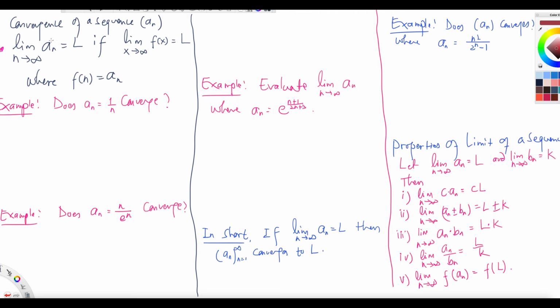Okay. So let us see a very short and very basic method to find the limit of a sequence. You know how to find the limit of a function, right? The limit of a sequence is very similar to the limit of a function.